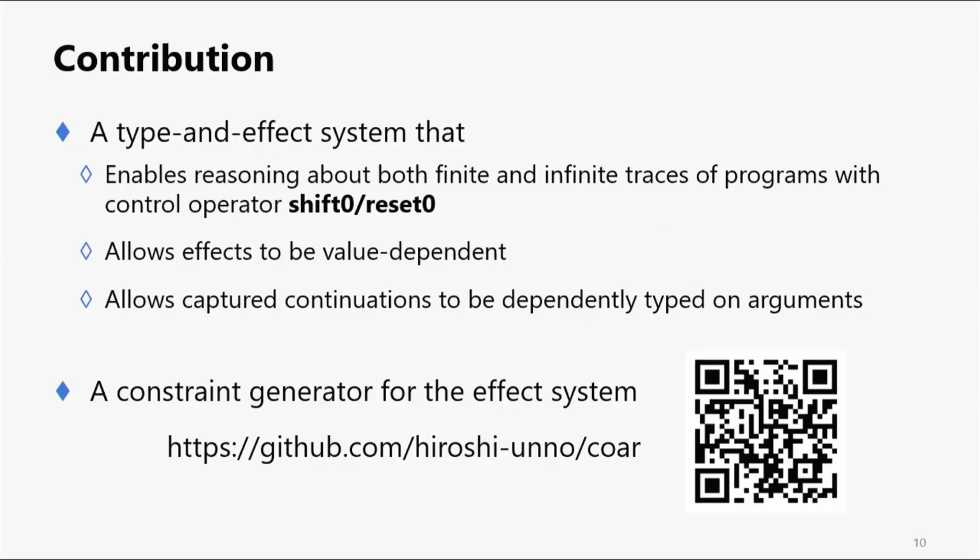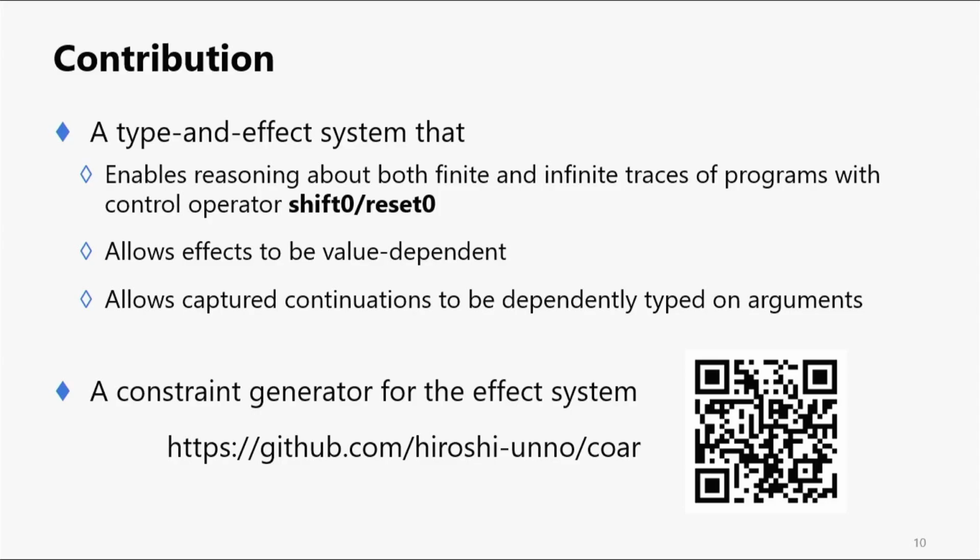Our contribution is to provide a type and effect system to reason about finite and infinite traces of programs with delimited continuations manipulated by the shift0 and reset0 control operators. To express the traces in the effect system, we support dependent types, and effects can be value dependent in our effect system.